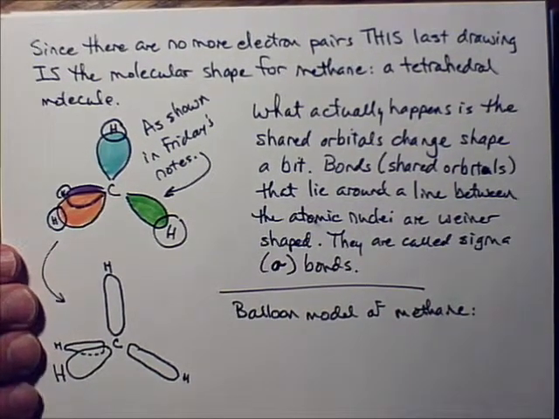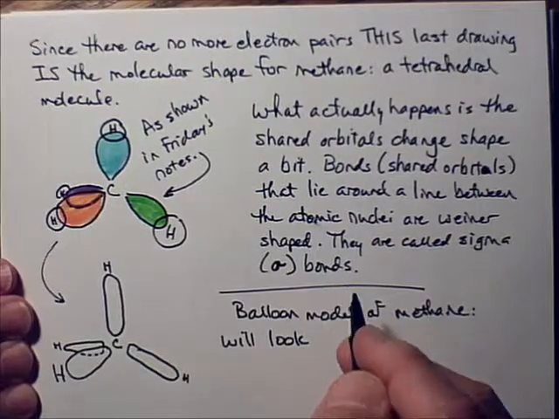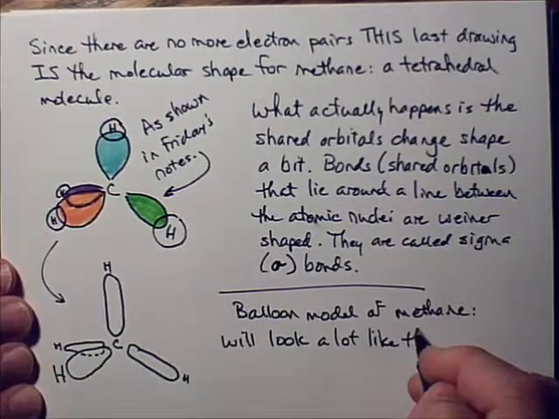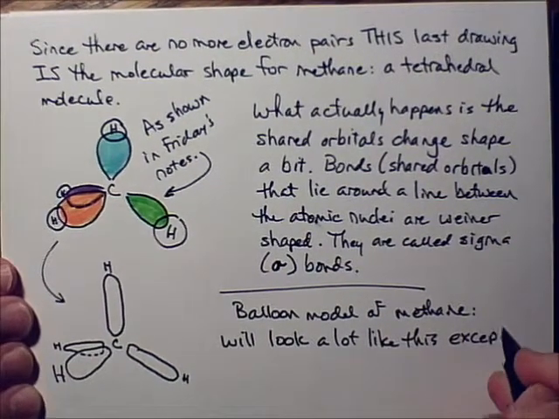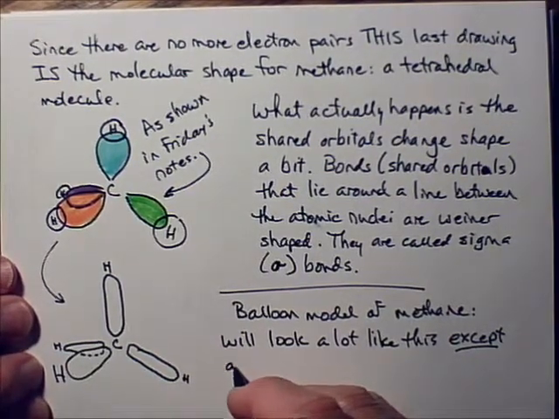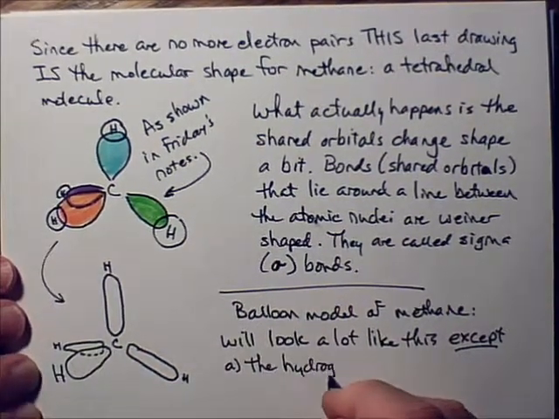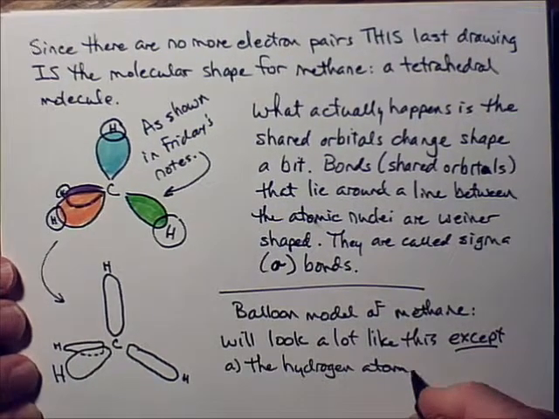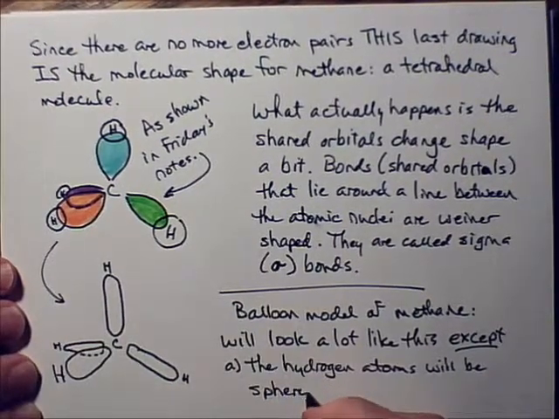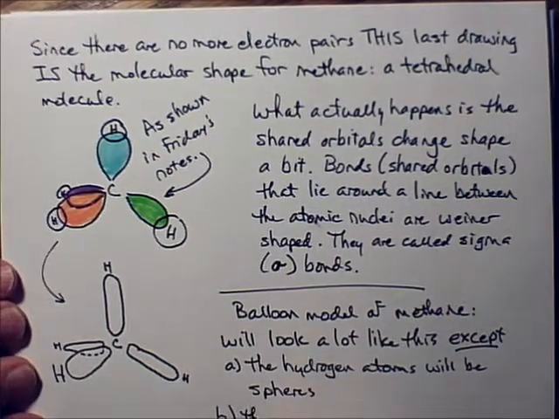All right, so your balloon model of methane will look a lot like this, except the hydrogen atoms will be spheres, and the carbon atom won't be shown.